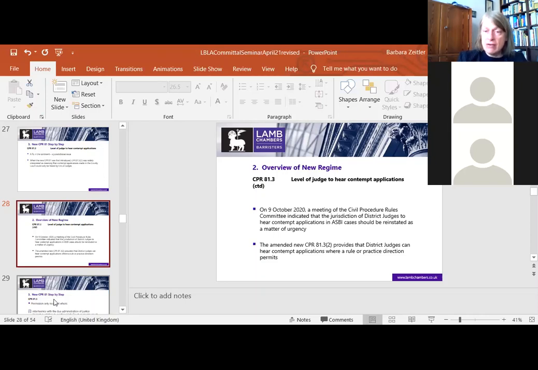There is now a clarification which provides that district judges can hear a contempt application where a rule or a practice direction permits that, and antisocial behaviour applications are one of those applications in relation to which a district judge has the jurisdiction to hear a contempt application.